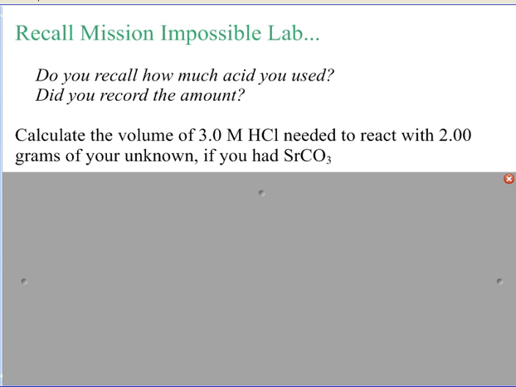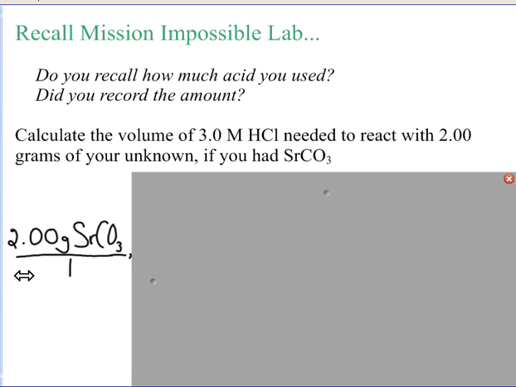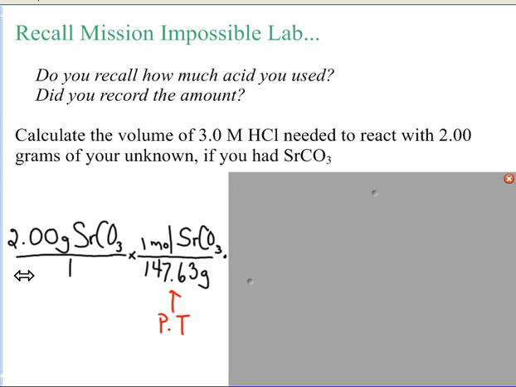Step 1, convert the grams of your strontium carbonate to moles by using the molar mass derived from the periodic table.